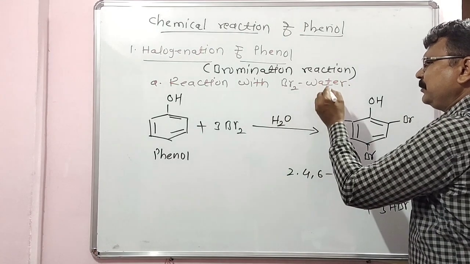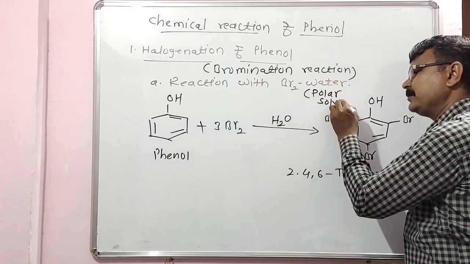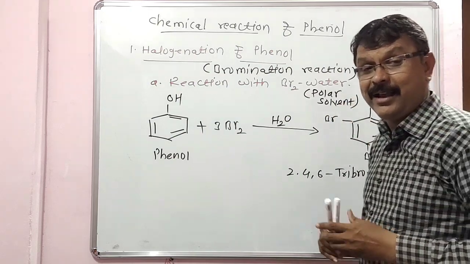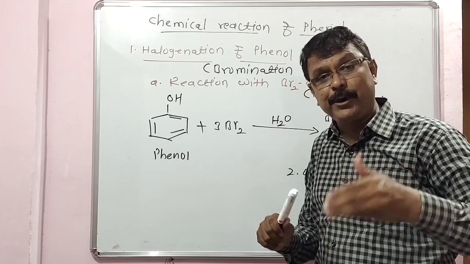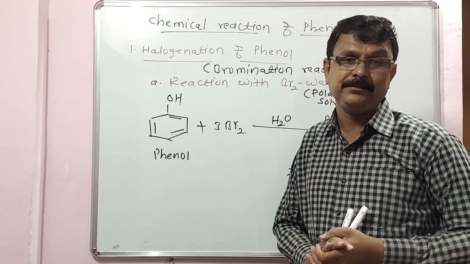Reaction with bromine water means a polar solvent. The product of the bromination reaction depends upon the polarity of the solvent.